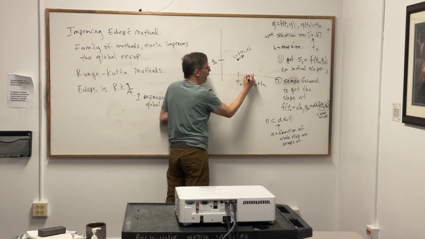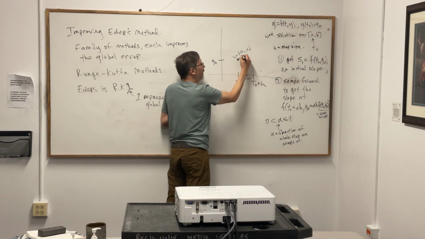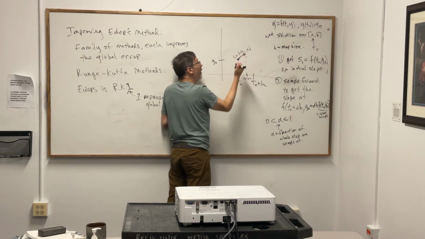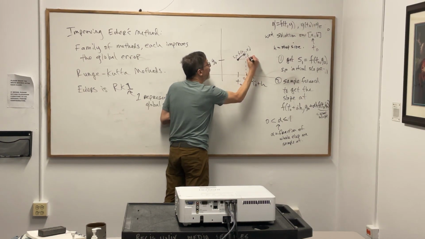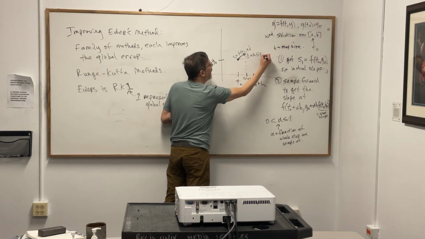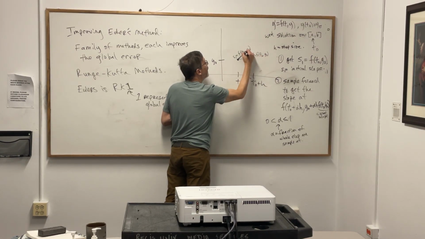I'm going to move over, let's say that's my t naught plus alpha h right there. So the arrow's going to have that horizontal component, and then the vertical component is just a scaling of how far I normally would have gone up. So this distance right here is alpha h f at t naught y naught.